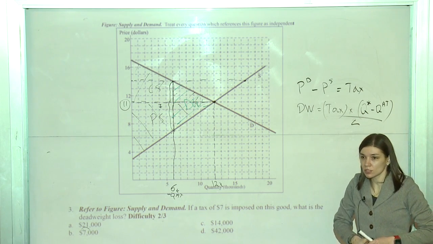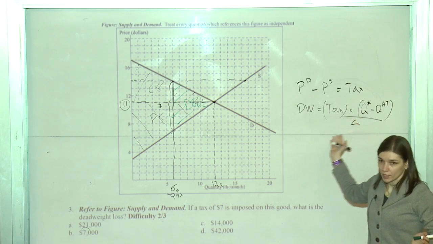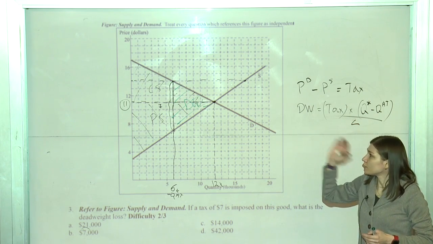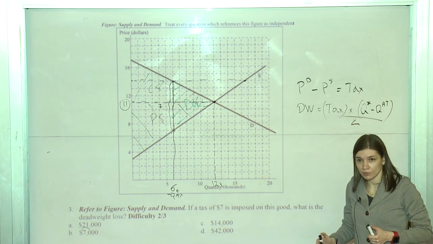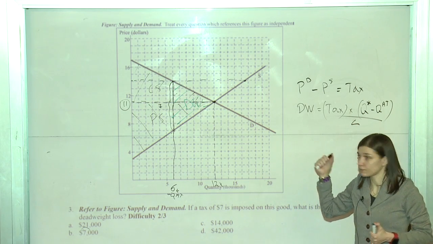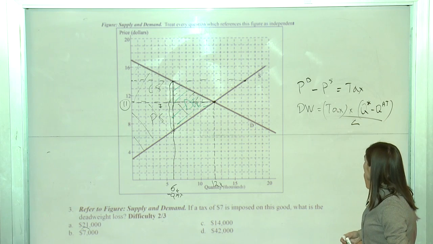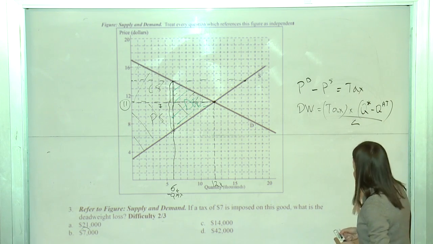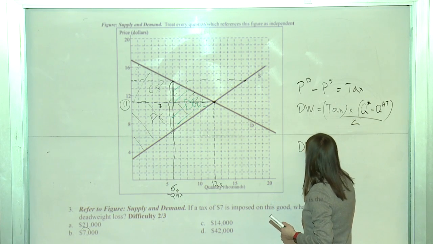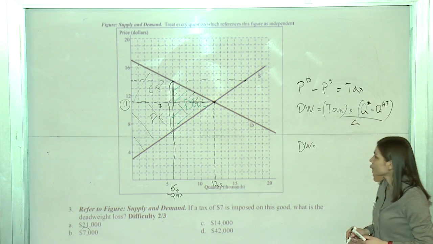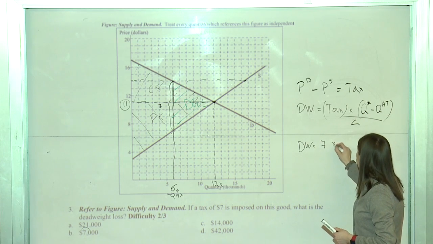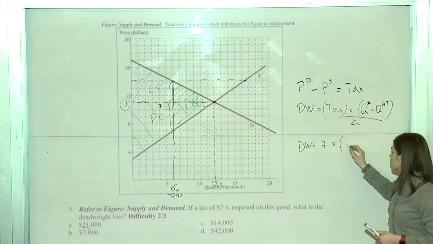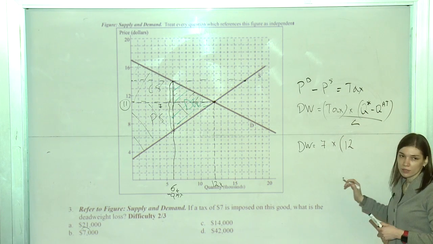This is a formula that you can use in any situation. If you have the curve, you can apply this. If you have the equations of the two lines, you can also apply this. So now it's just a question of plugging it in and solving. So in our case, what was the tax? 7, times, what is the quantity in equilibrium? 12,000. I'll add the 1,000 at the end.